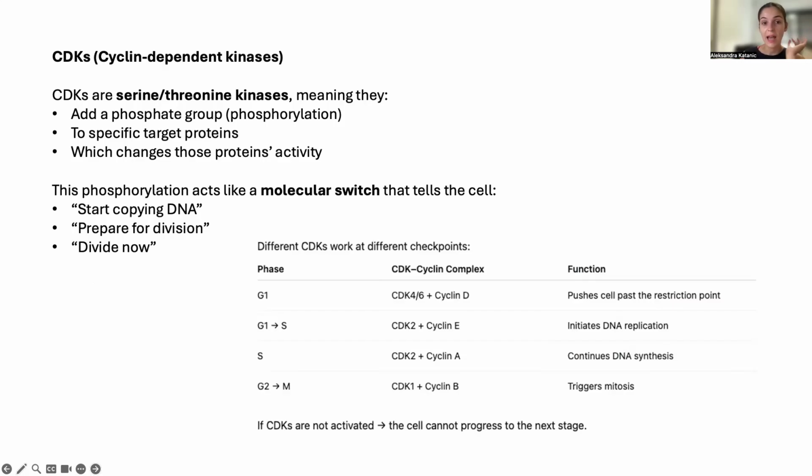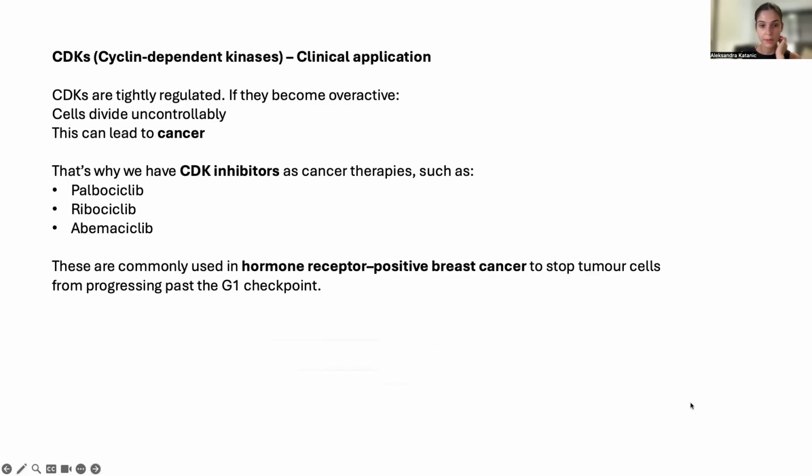What this does is it acts like a molecular switch that tells the cell to either start copying DNA, prepare for division, or to divide now. So you can see here that there are different cyclin CDK complexes at each different phase of the cell cycle, which do different functions. Okay.